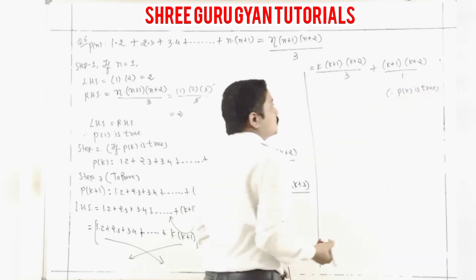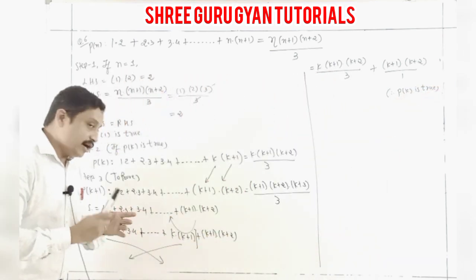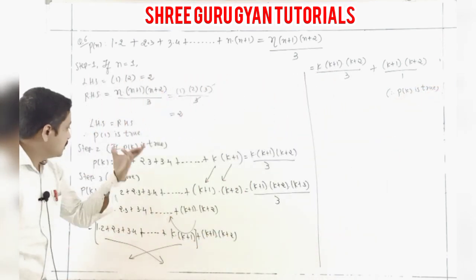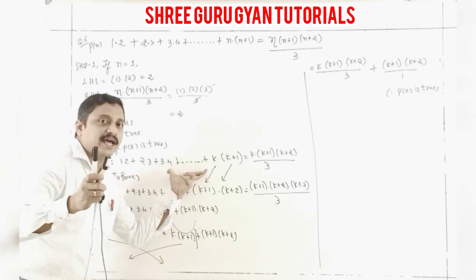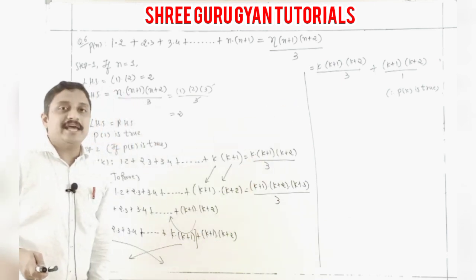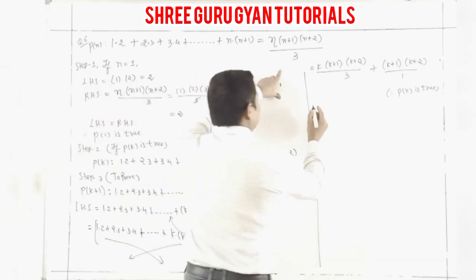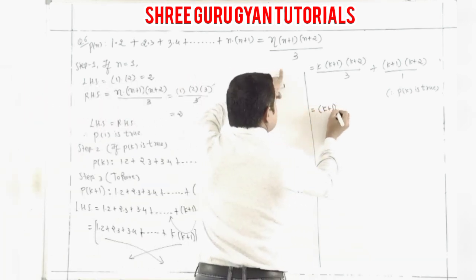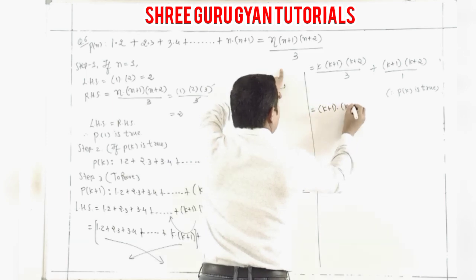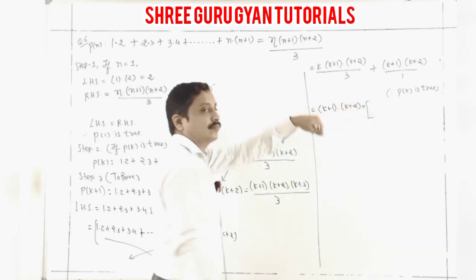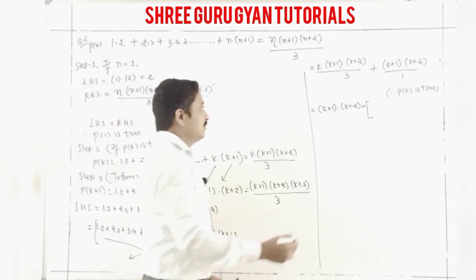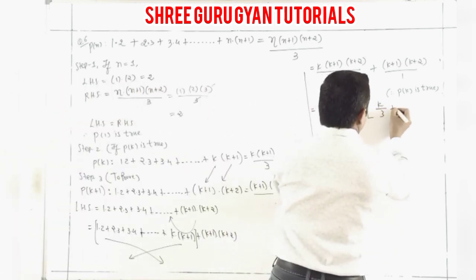And here students, I just apply it again. This part is your step 2, every time you show that P(k) is true. Now easy, check the LCM. Take the common factor (k plus 1)(k plus 2). What is remaining? k by 3 plus 1.